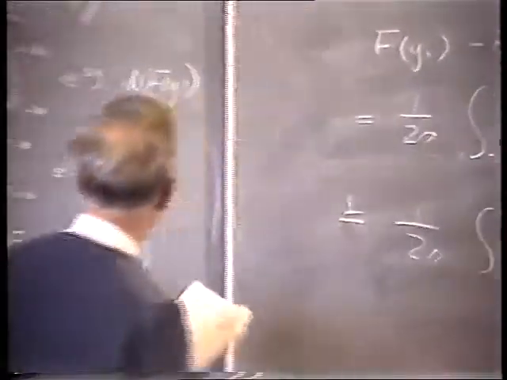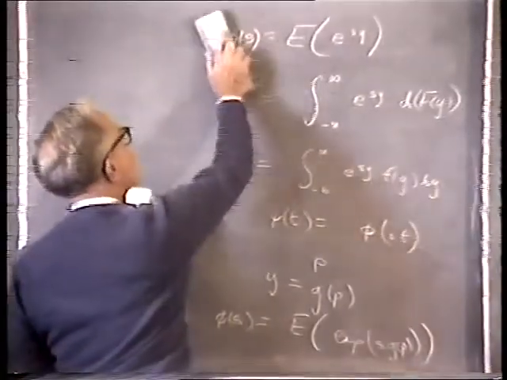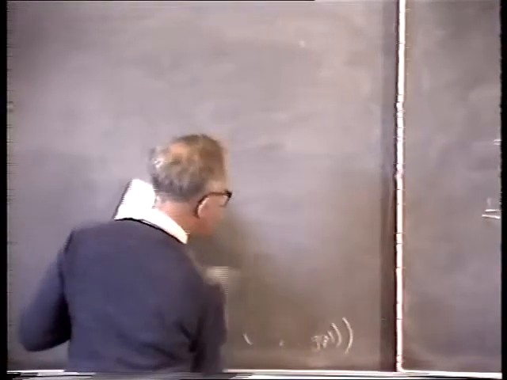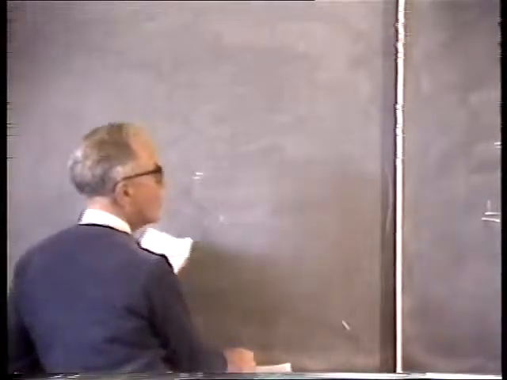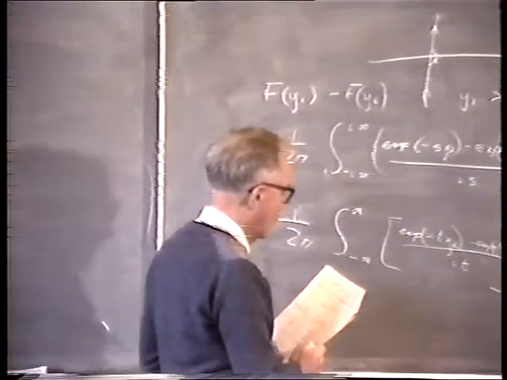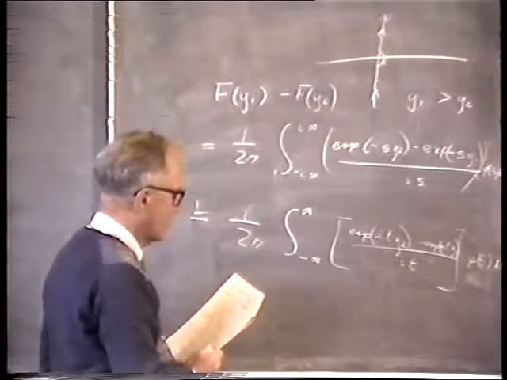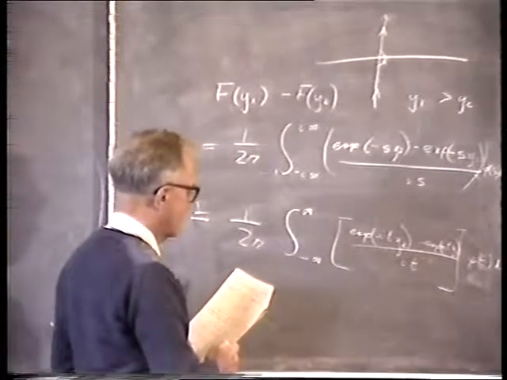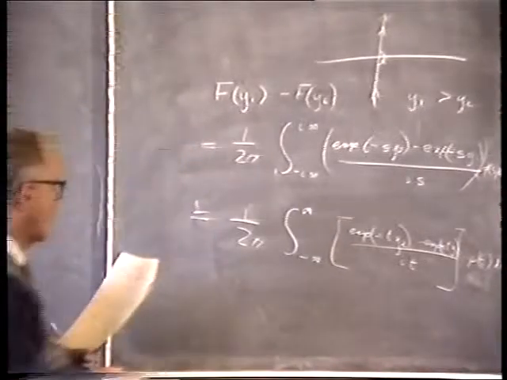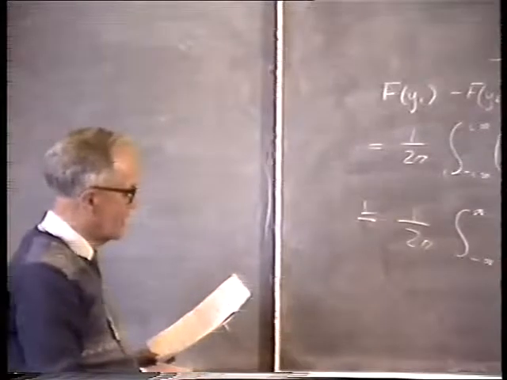One can show, but I'm in fact going to skip round this point, that if you allow y2 to tend to minus infinity... No, I see, I'm misstating my notes.